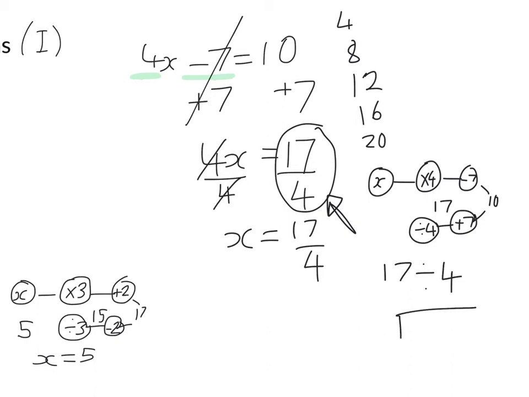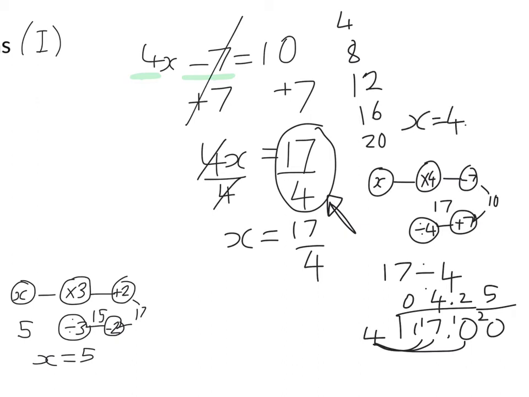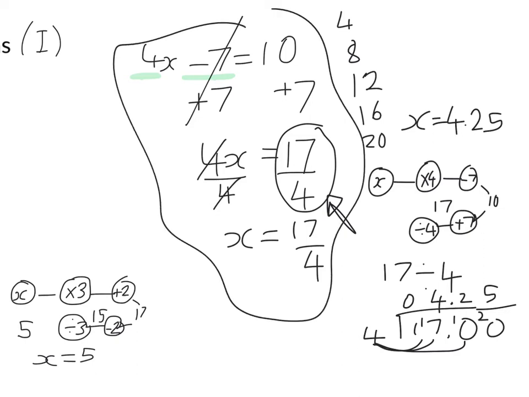So I suppose you could do it like this, 17 divided by 4. And then you'd need some remainders, 4's into 10, 2, remainder 2, 4.25. So you could also write x equals 4.25 if you prefer. Both would get you the full marks. That's why this method is actually quite useful.